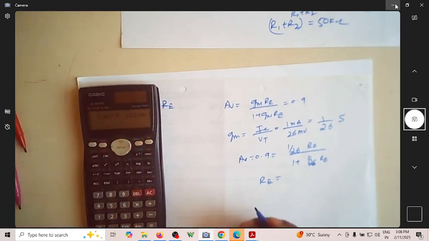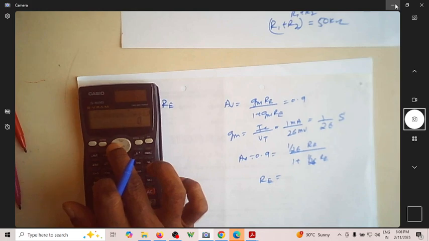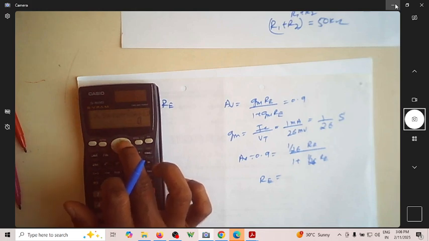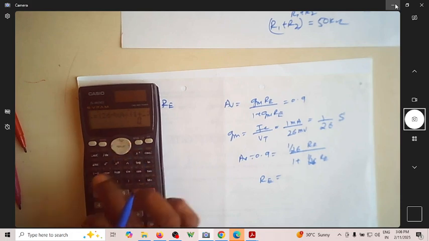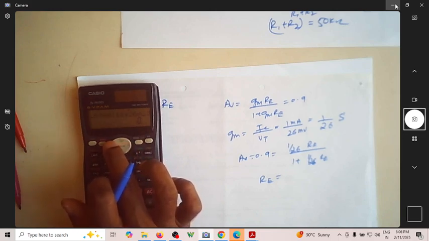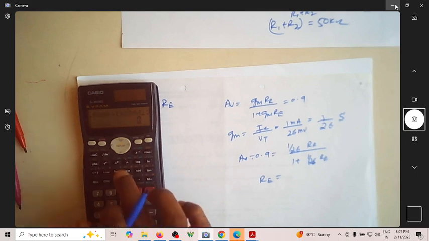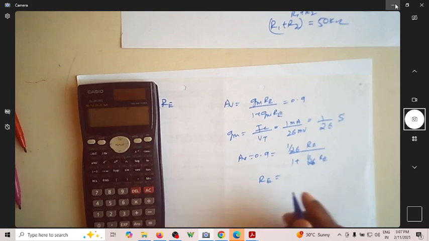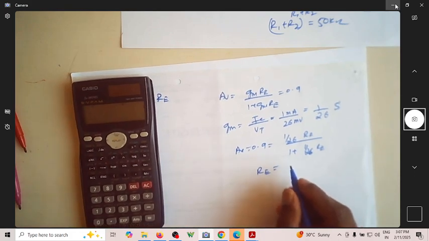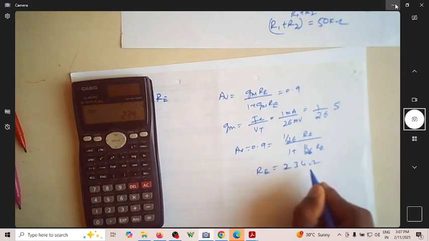So it is 0.9 alpha equals, open the parenthesis, 26 inverse into alpha A divided by 1 plus 26 inverse into alpha A. Close, shift calc. It's actually 26 inverse into alpha E. Shift calc. Then RE comes out to be 234 ohms.